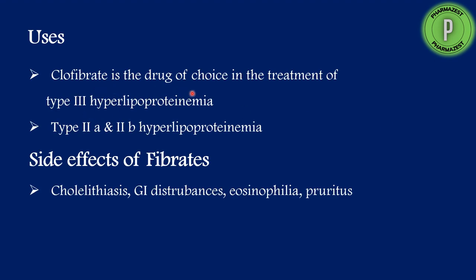Clofibrate is the drug of choice in the treatment of type 3 hyperlipoproteinemia and also type 2A and type 2B hyperlipoproteinemia. Now coming to the side effects of fibrates. It is cholelithiasis, GI disturbances, eosinophilia, and pruritus. Cholelithiasis means obstruction of the bile juice. This is the main side effect of these fibrates.